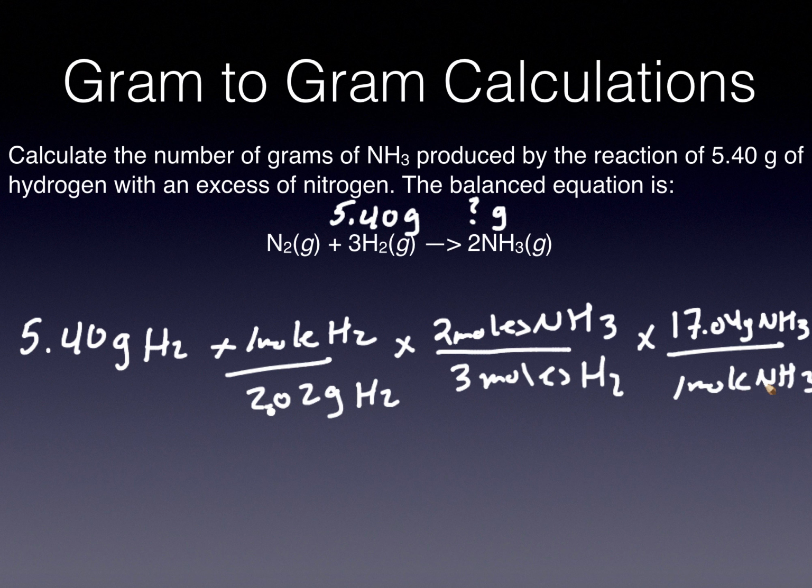So we have 5.40 divided by 2.02, times 2, divided by 3, and then times 17.04, and you should get around 30.37 grams of NH3.